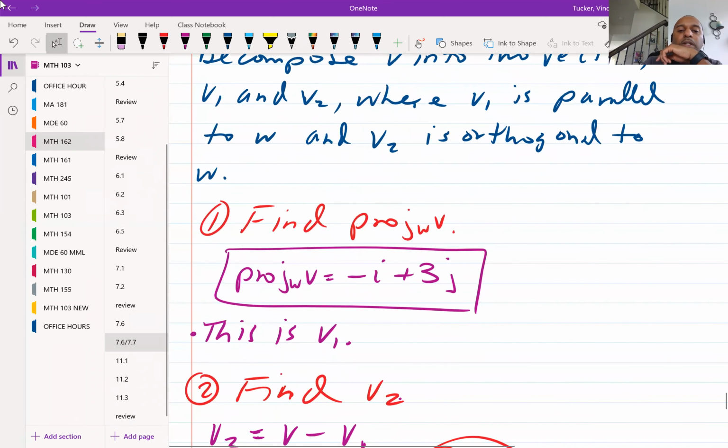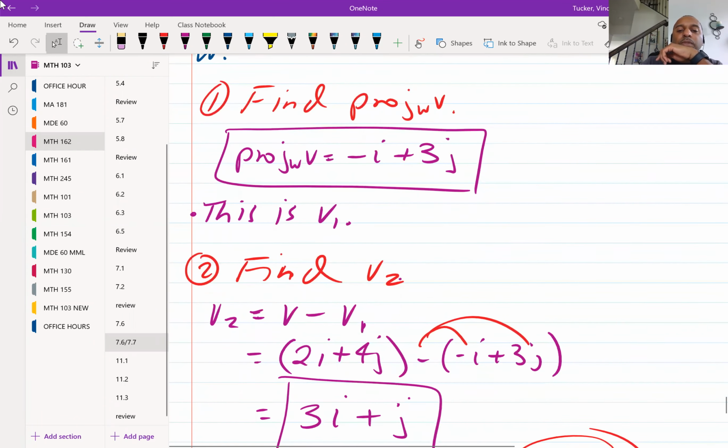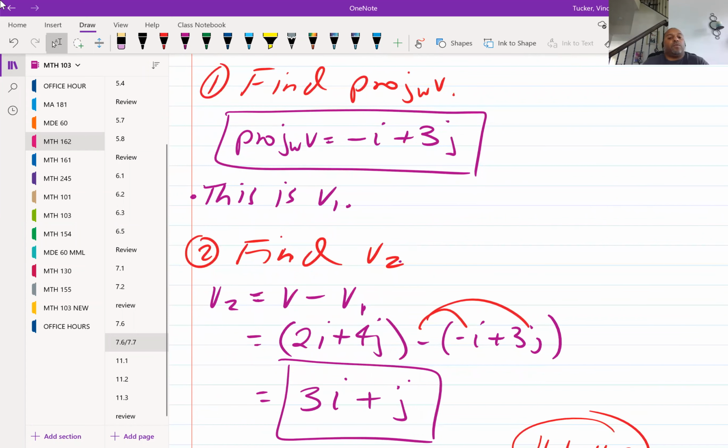All right. So finding V sub 2, all you're going to do is take V and subtract V sub 1 from it. And that's just a matter of distributing the negative to each term in V sub 1 and then combining your like terms. So we had negative i plus 3j. Both of those signs are supposed to change.